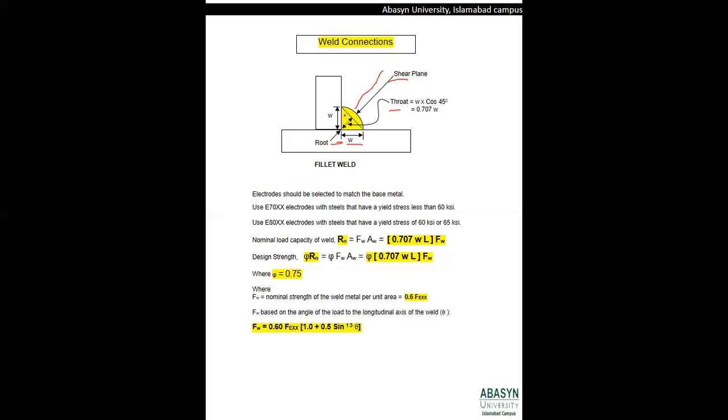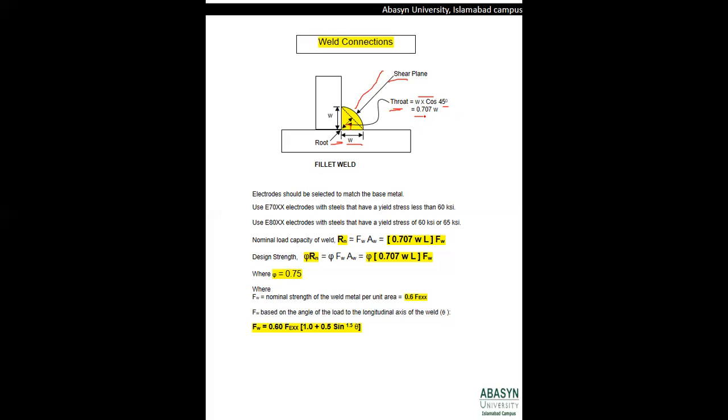The weld is generally in the form of a triangular shape, so we find the throat using cos theta and sine theta, the trigonometric functions. Ultimately, the throat comes out to be W times cos of 45 degrees, because this plane is generally initiated at an angle of 45 degrees. So the thickness of the throat comes out to be 0.707 W.